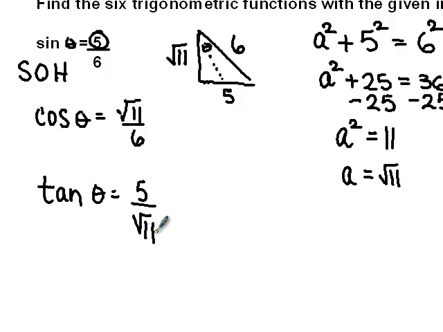Now, when you notice there's a square root on the bottom, we have to rationalize this. So that just means we're going to multiply bottom and top by that square root. And the bottom will just become a solid 11. So this is really tangent.